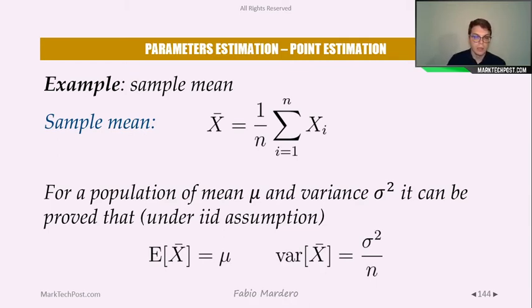Let's look at the sample mean. It can be proved that for a population of mean mu and variance sigma squared, so we are using IID assumptions, the expected value of the sample mean is equal to mu, and the variance of the sample mean is equal to sigma squared over n.